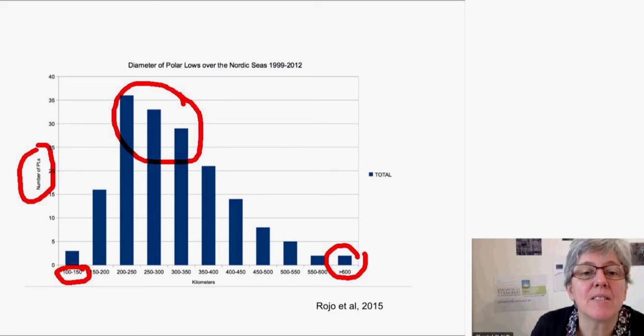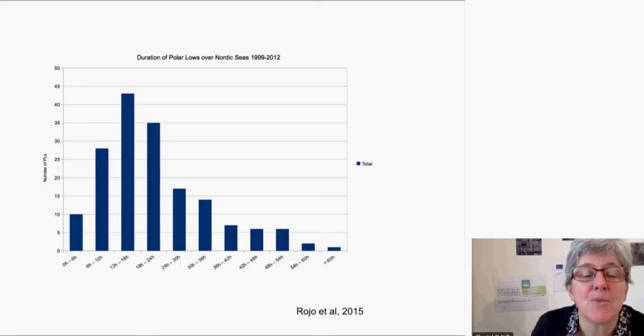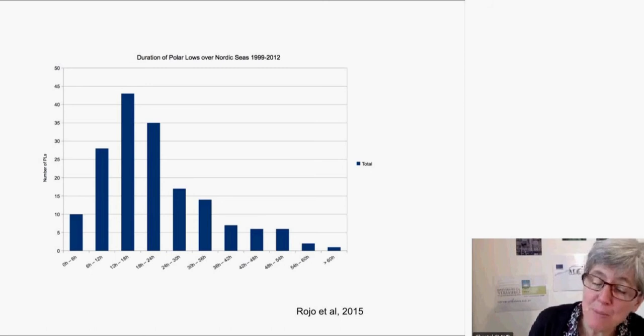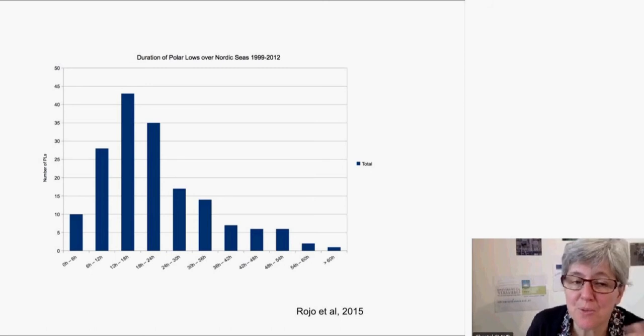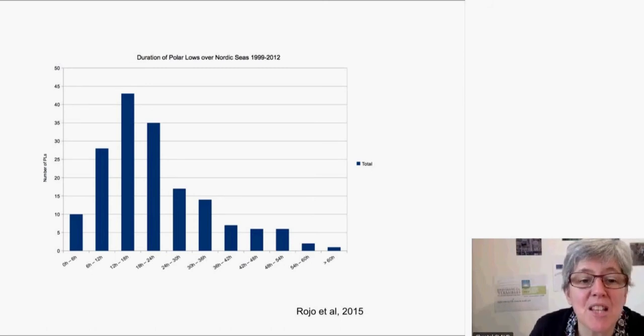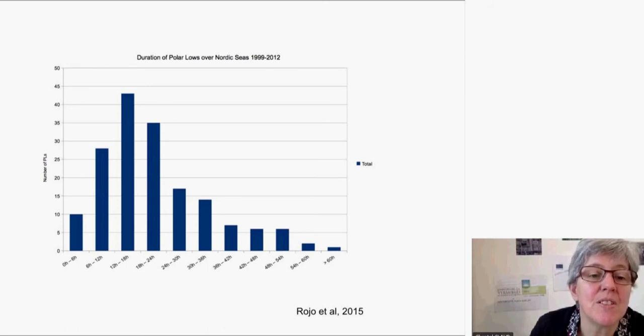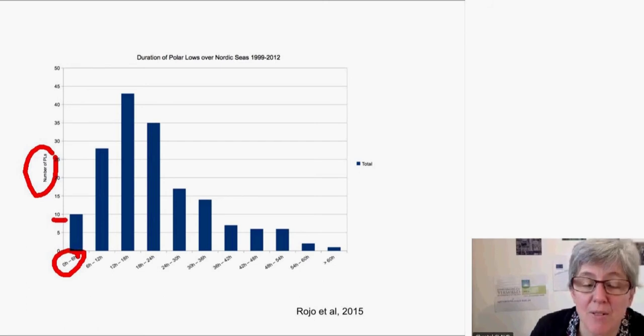Now, the duration, and if you remember the size, you see that we have about the same shape. And again, this is the same principle. So here you have the number of polar lows for a given duration. So for example, during this whole period, you've had 10 polar lows with a duration between 0 and 6 hours.